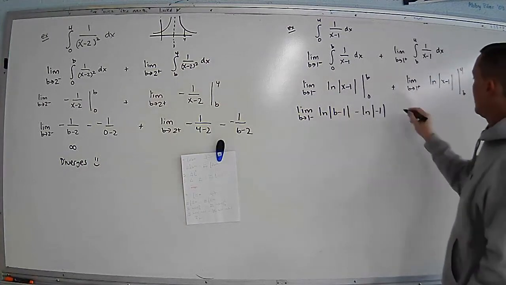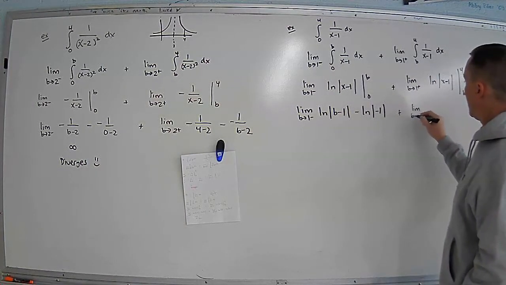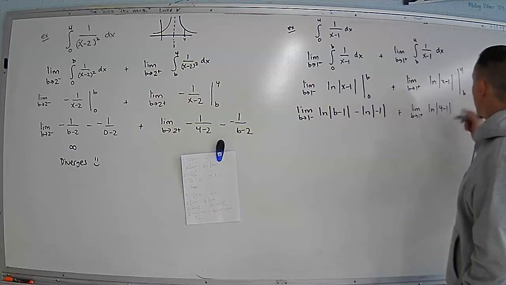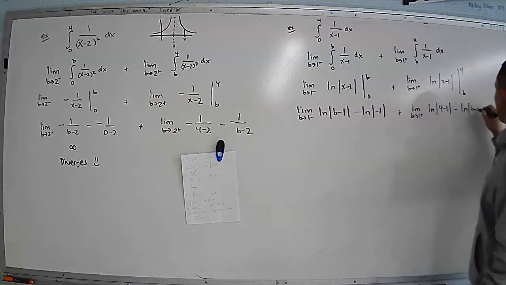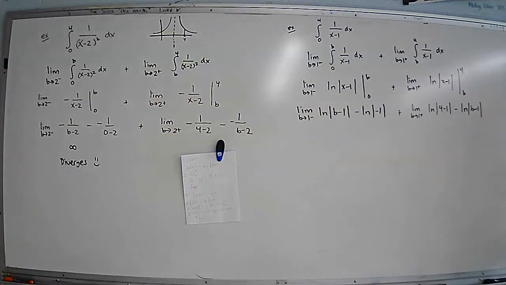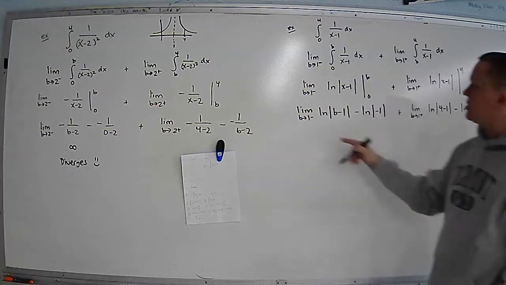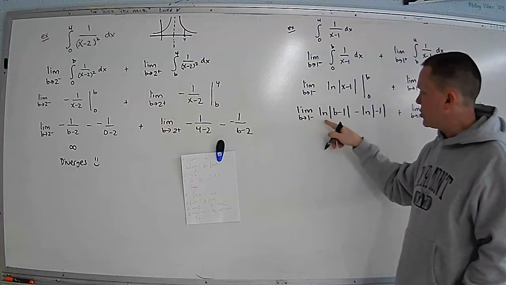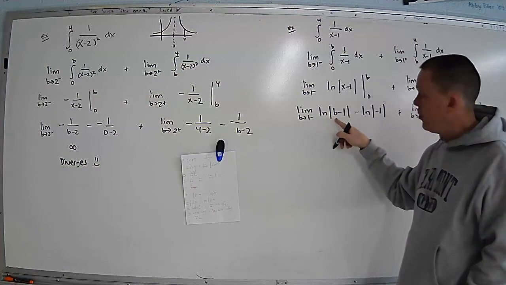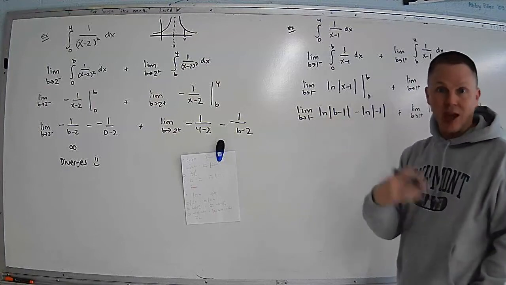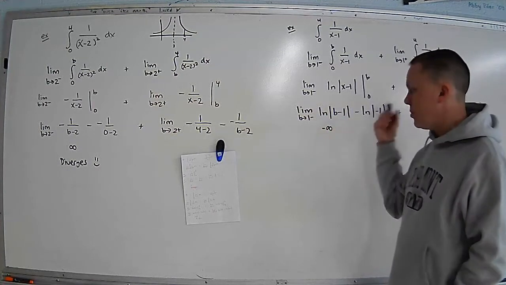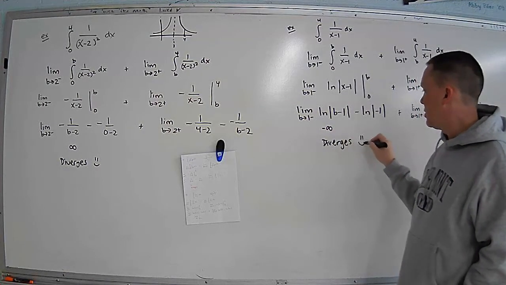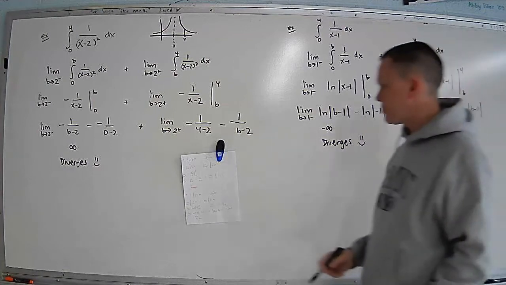I plug in 0, and then I got the limit as b goes to 1 from the right of the natural log of 4 minus 1, which is 3, minus the natural log of b minus 1. Okay, so now we're going to go ahead and compute this limit. What happens to this right here as b goes to 1? Well, as b goes to 1, I have the natural log of 0, which is negative infinity. So immediately we can say that this type 2 improper integral diverges. Okay?